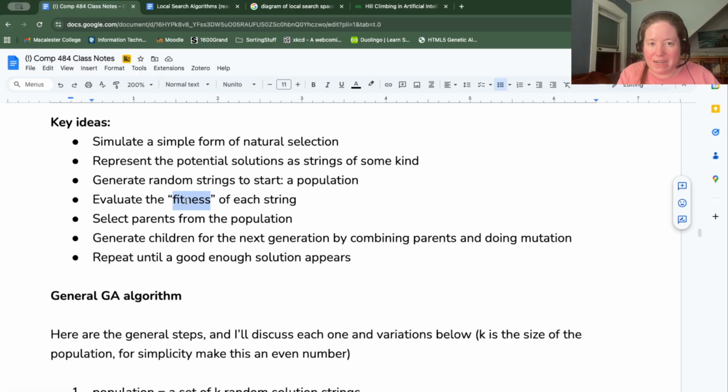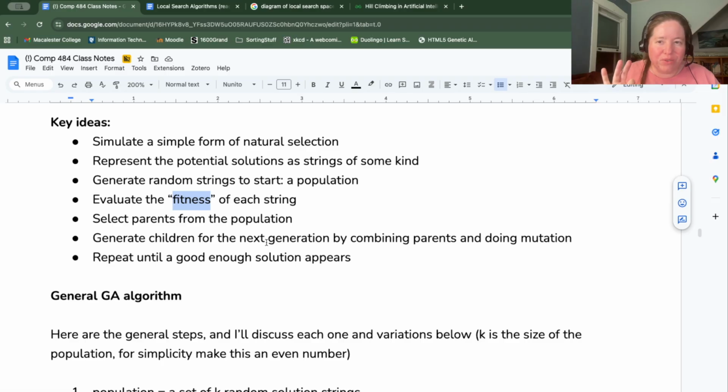It's all the same idea. Each string has a value that represents its quality as a solution, and we want the same things out of a fitness function that we wanted when we were talking about local search. Something that has a spread of values across different states, so you have lots of gradations of quality that a particular solution could have.